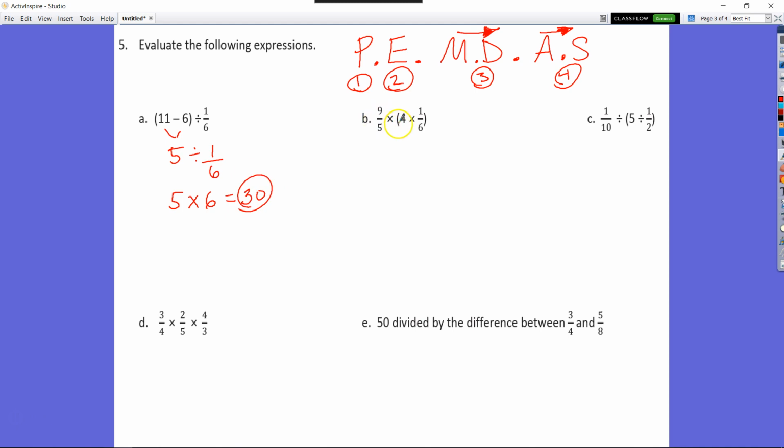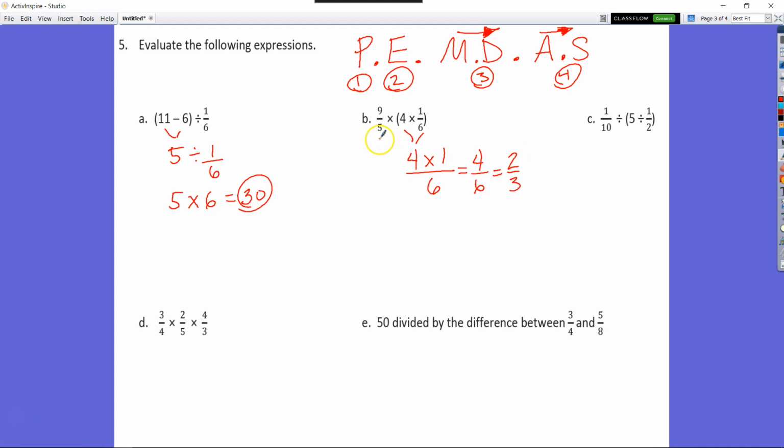Let's take a look at this one. First thing I'm going to do, what's in my parentheses? So I have 4 times 1 over 6, which equals 4/6. 4/6 is equal to 2/3.